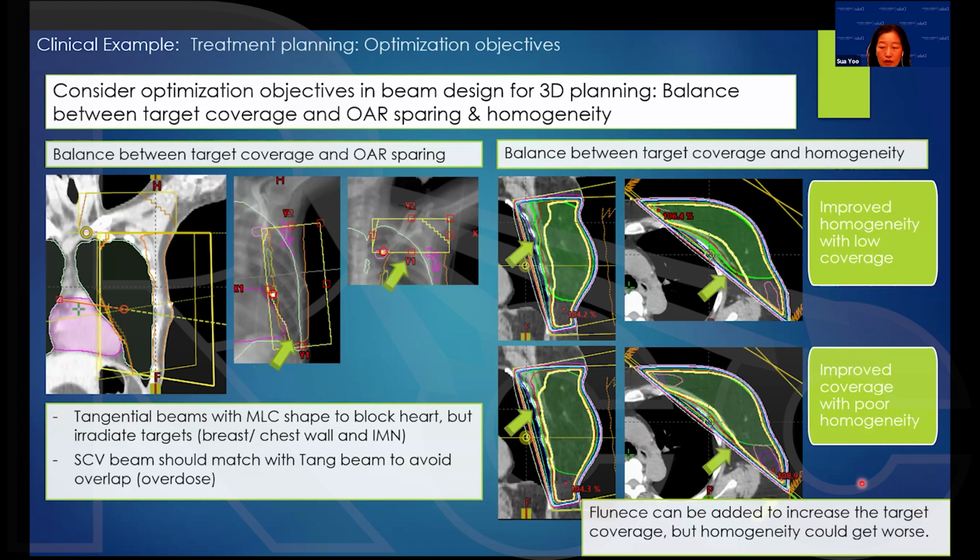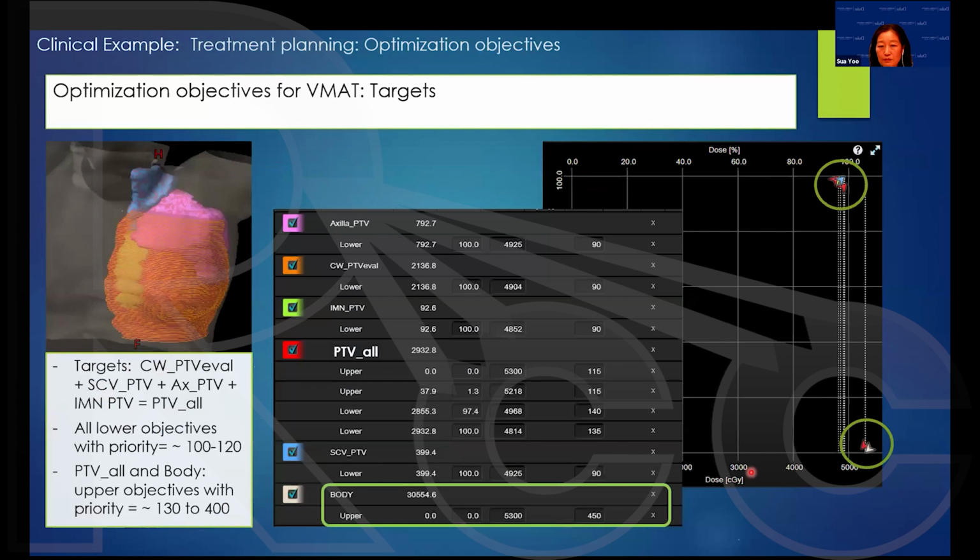Where do we stop? It would be the physician's decision. But once we get familiar with what the physician prefers, we know where to stop. So most of the time we would make this type of plan because 95% coverage is pretty good and we don't need to have a 110% area.